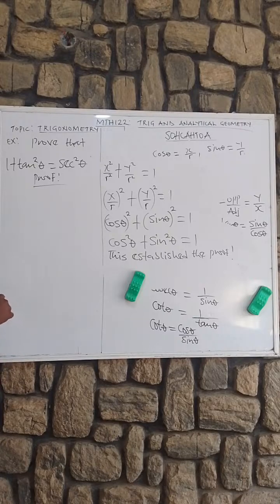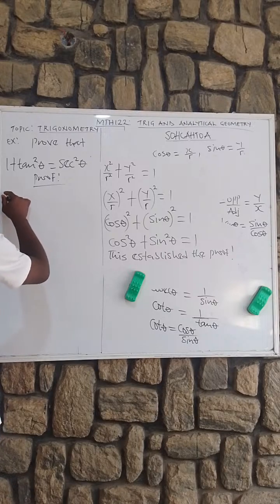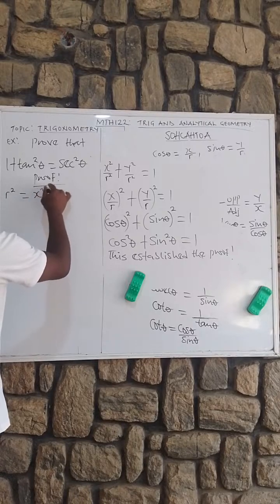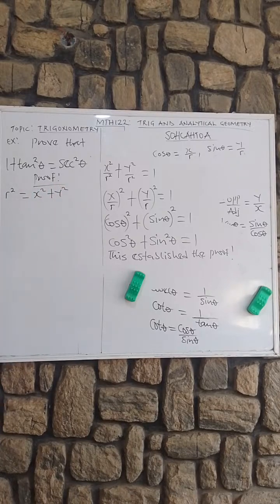Using the Pythagoras theorem, let's prove r square is equal to x square plus y square. True or false? Amen? So at this point, we are going to divide through by x square.